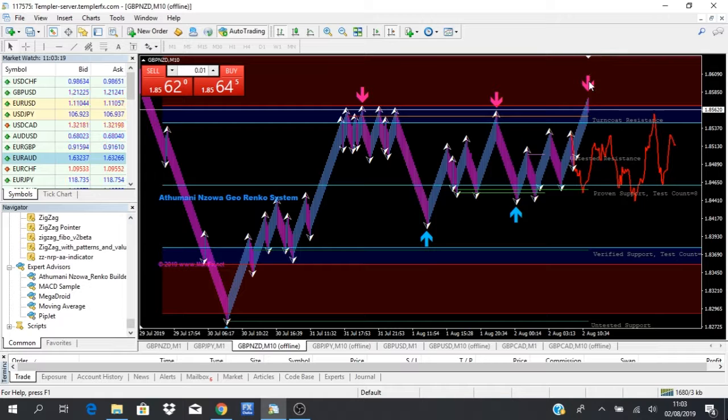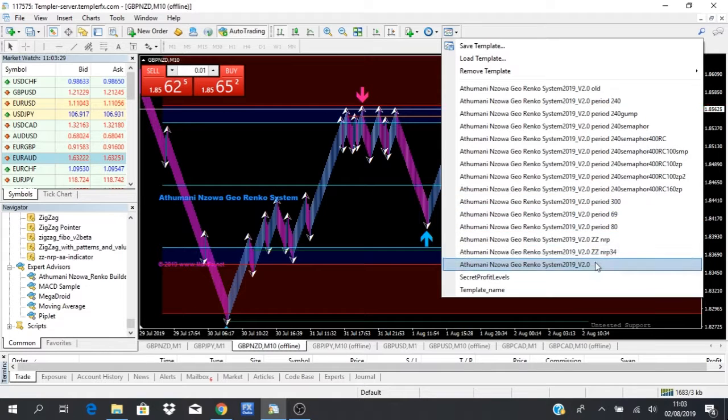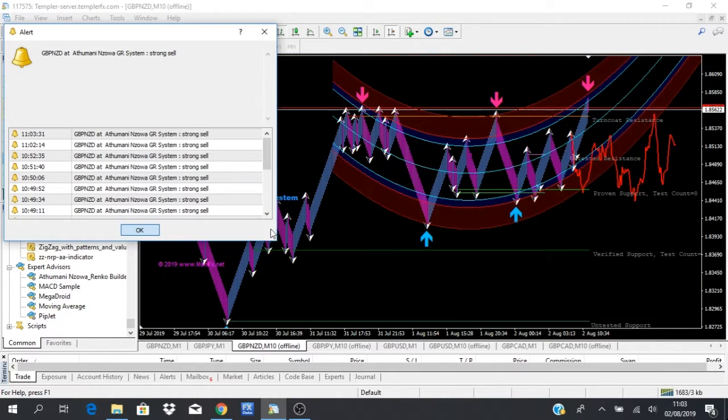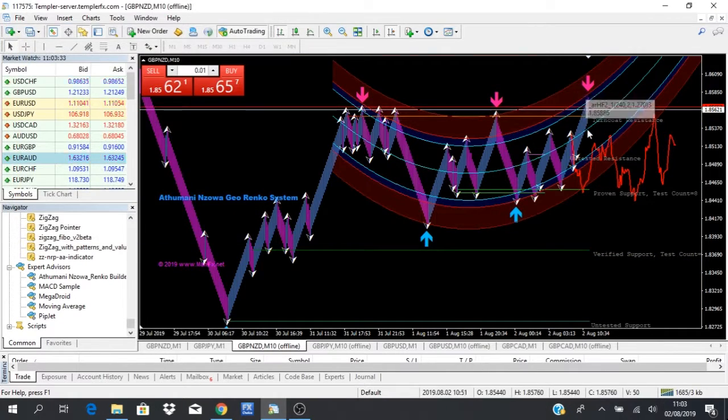But at the end of the day, it does not really show you the overall move of the trend. So when you go back to the original template, you can see that even if it retraces at this point after getting the signal, it will just capture somewhere here, and then at the red zone, and then it will continue to go up.